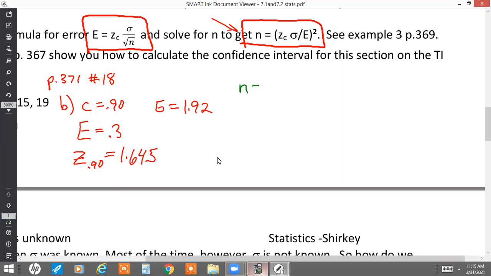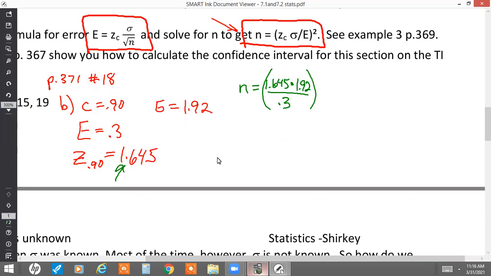So my sample size is going to be, in parentheses, Z sub 0.90, 1.645 times sigma, 1.92, divided by our error that we want, which is 0.3.